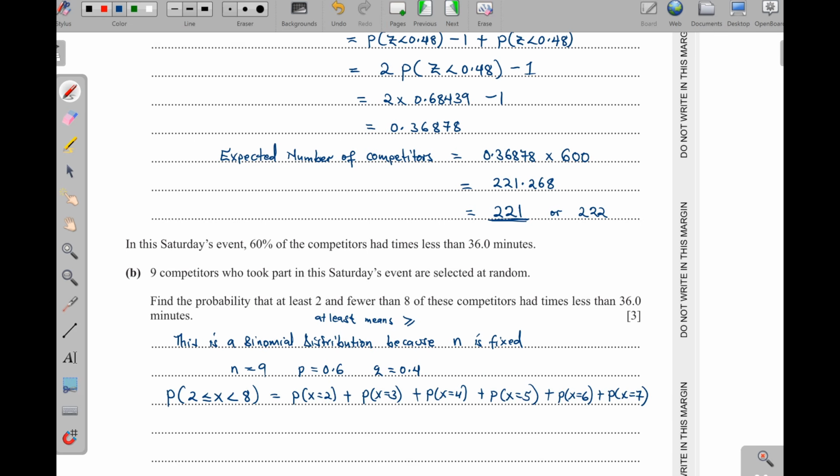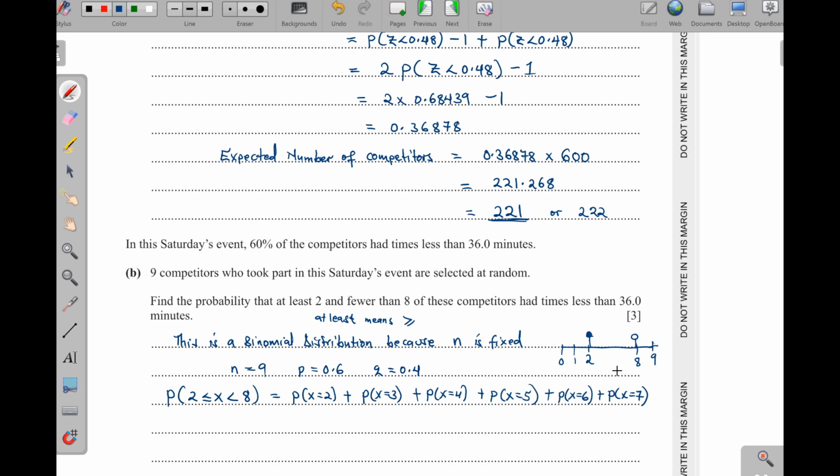But you can also look at it another way. 8 is not included, so 2 is included. There is a 2 here and then 8. So 2 is inclusive, but 8 is not. So that means if I have my 9 here, then there is a 0, then 1.